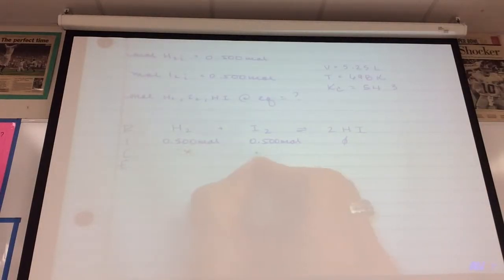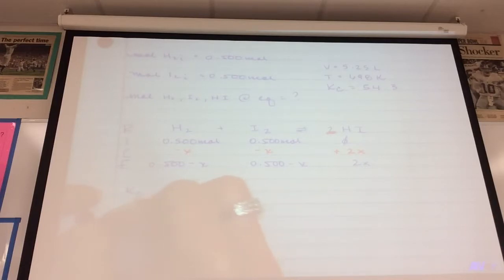Why am I going to subtract X from each reactant? Because the coefficients are 1. I know the reaction's going forward, so I've got to consume it. How many x am I going to add here? 2. Where'd I get the 2 from? Oh, good. All right. So now I've got 0.5 minus x, 0.5 minus x, and 2x.